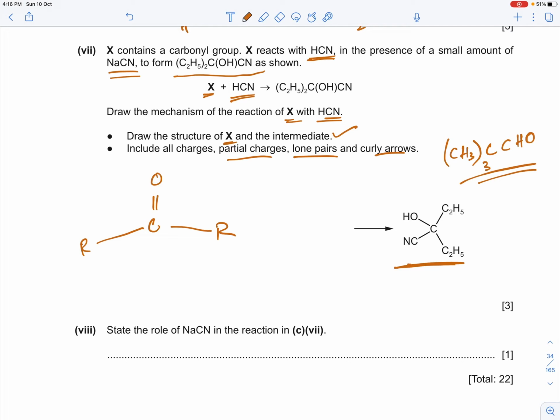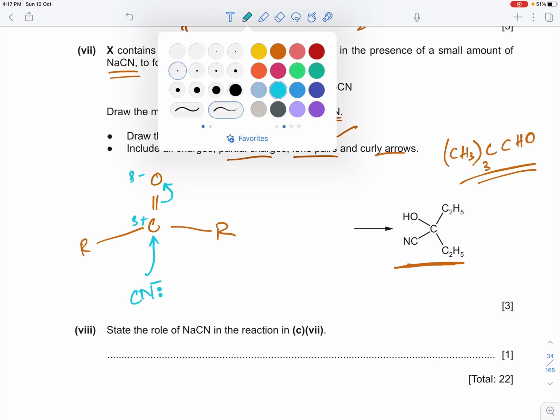In nucleophilic addition, the cyanide group, with a lone pair and a negative charge, attacks the partial positive carbon, due to which this double bond breaks and the pi electron density moves to this oxygen, right? And we get an intermediate structure.